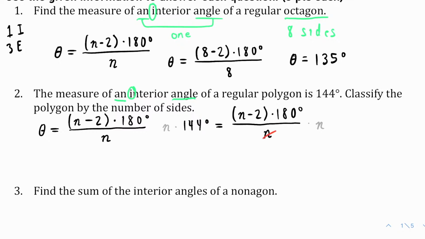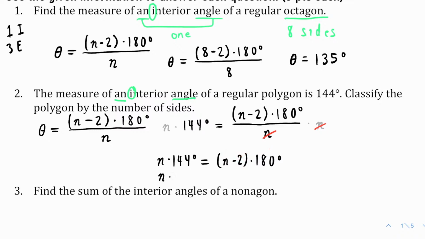So on the right, the n cancels. On the left, n times 144 equals n minus 2 times 180. I think the next thing that I want to try is distributing that 180 to the n and to the minus 2.